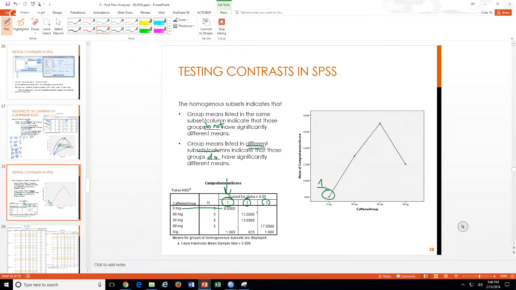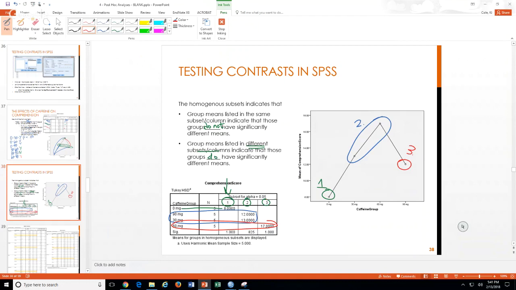In subset number 2, we would have the 90 and the 30 group. And then the third subset is only the 60 group. Okay, so now we could compare. If we're trying to compare 0 and 60, well, those are in different subgroups, so those are significantly different.